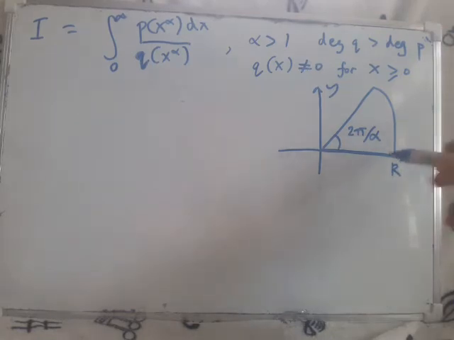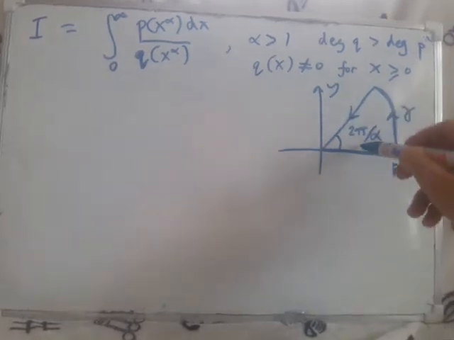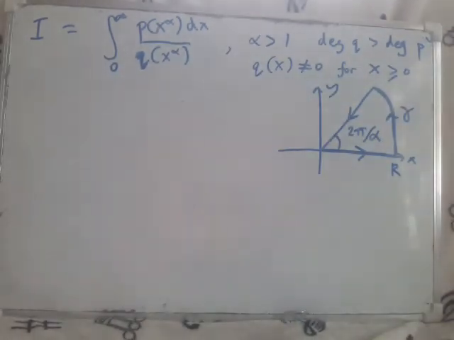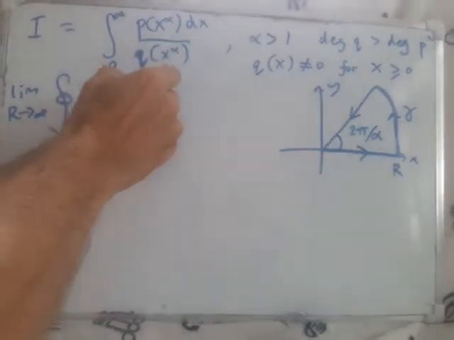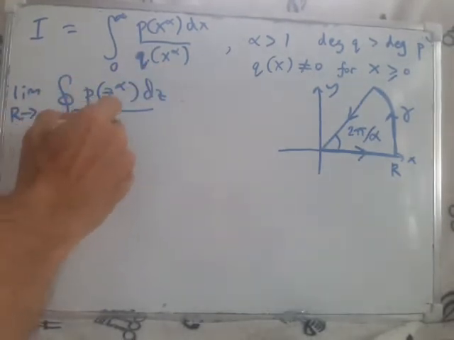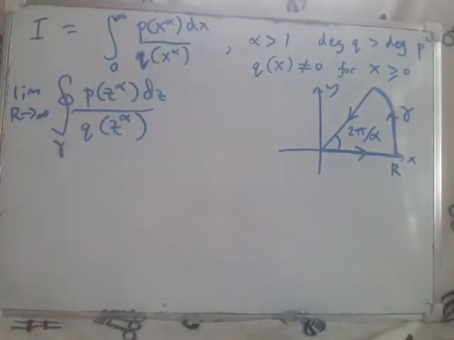Again, this is a sector of radius r, which will go to infinity. This is our contour. And we're going to consider the limit as r goes to infinity of the contour integral of p(z^alpha) dz over q(z^alpha).